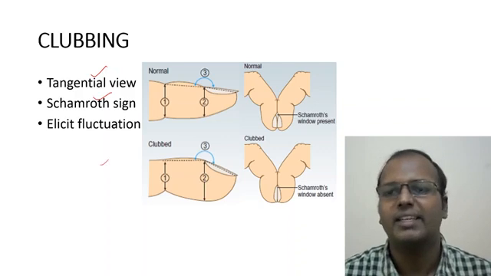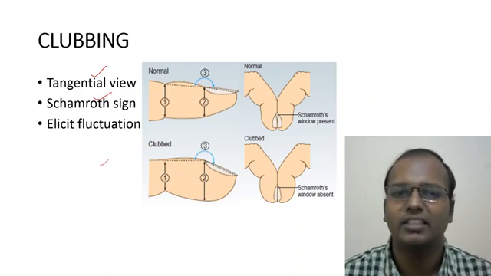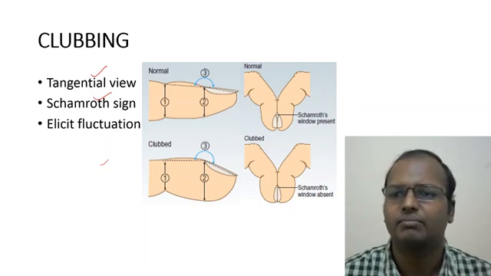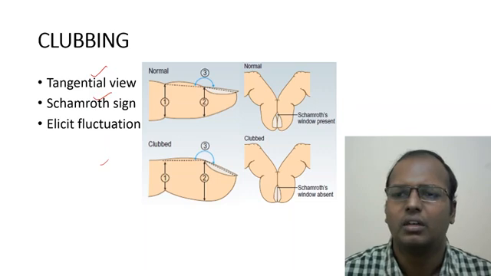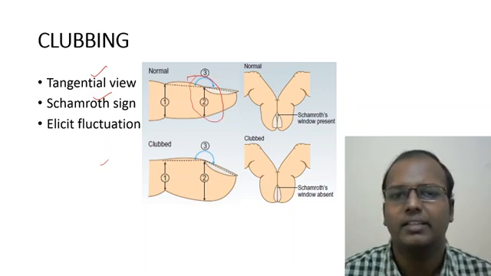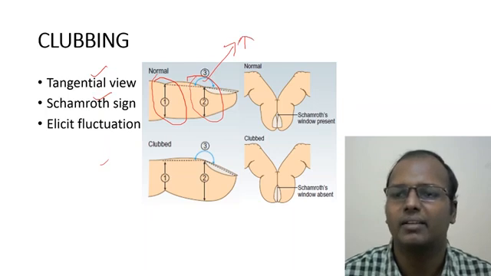So what is clubbing? Basically it's a selective bulbous enlargement of the distal portion of the digit due to increased subungual connective tissue or soft tissue. The interphalangeal depth ratio is something we can use for identification. This area should be thinner than this area; if this area is thicker, it suggests clubbing.